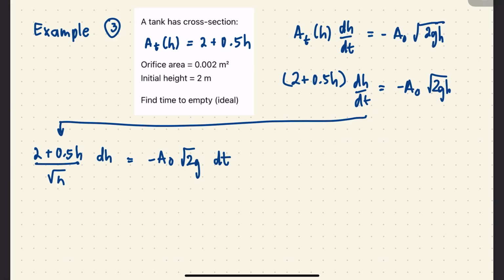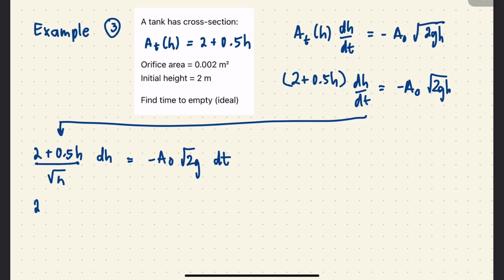Okay. So we can separate the term before dh.